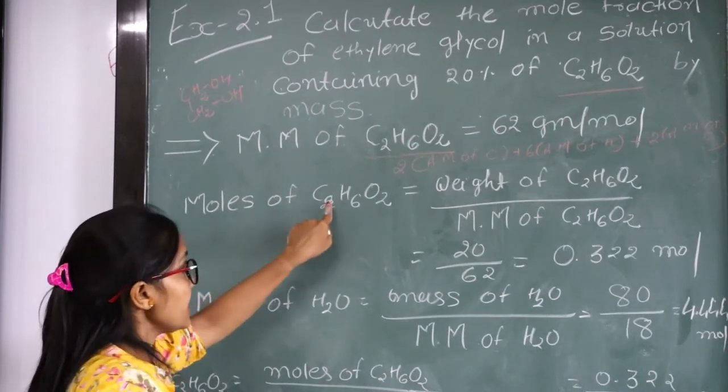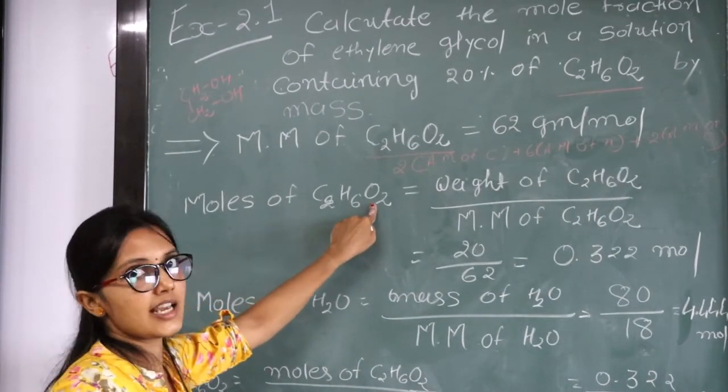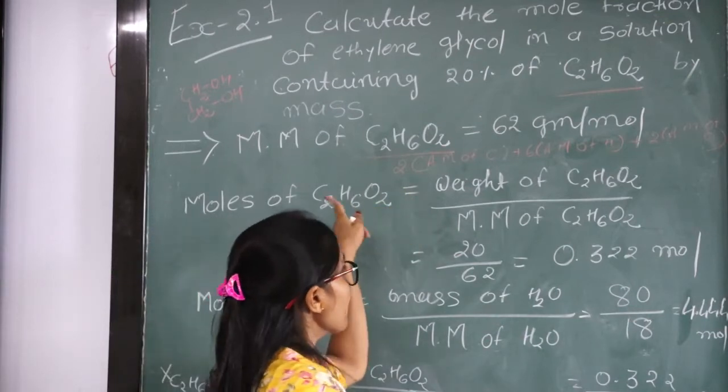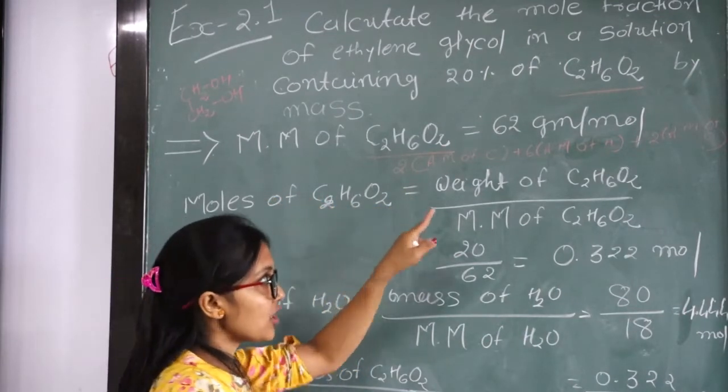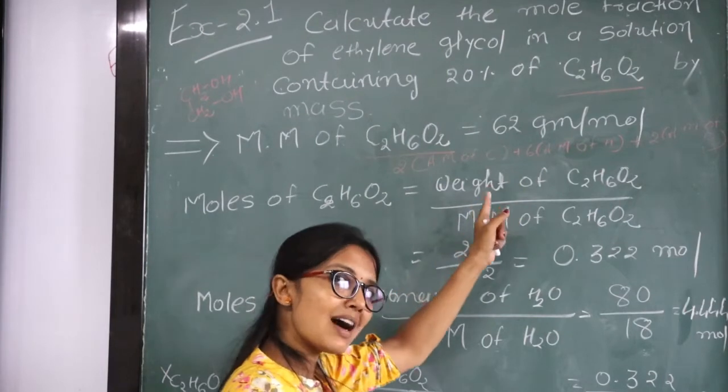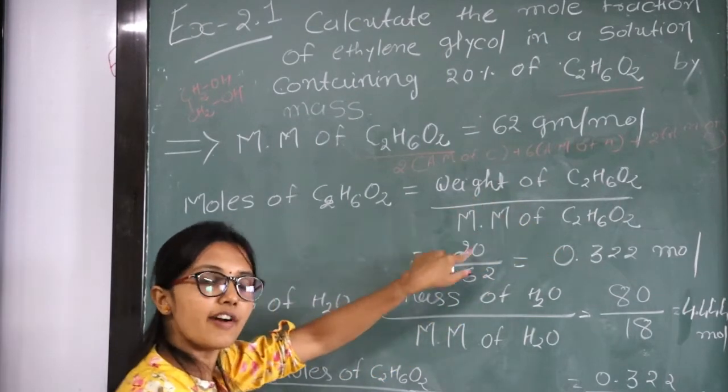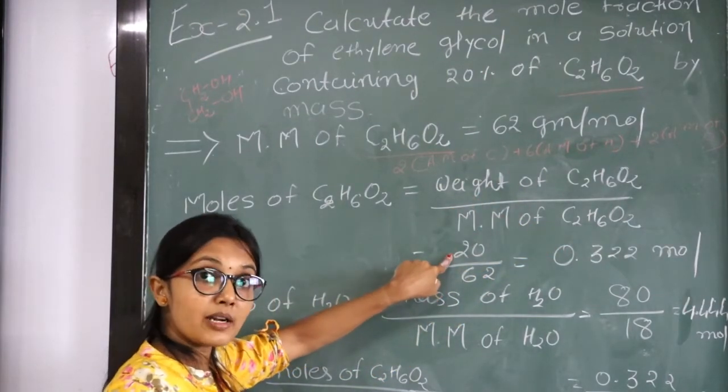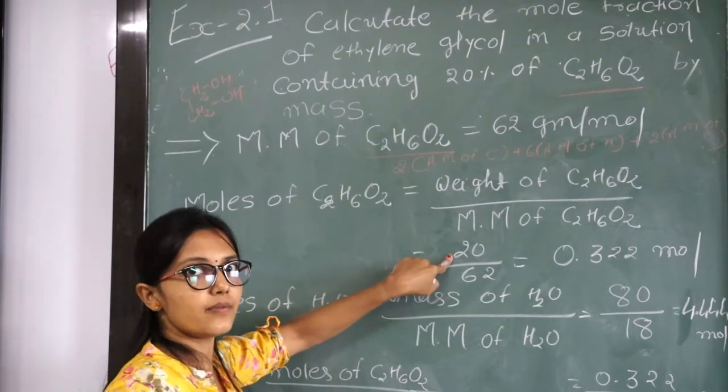Moles of C2H6O2, the ethylene glycol, is equal to mass of ethylene glycol divided by molar mass of ethylene glycol.